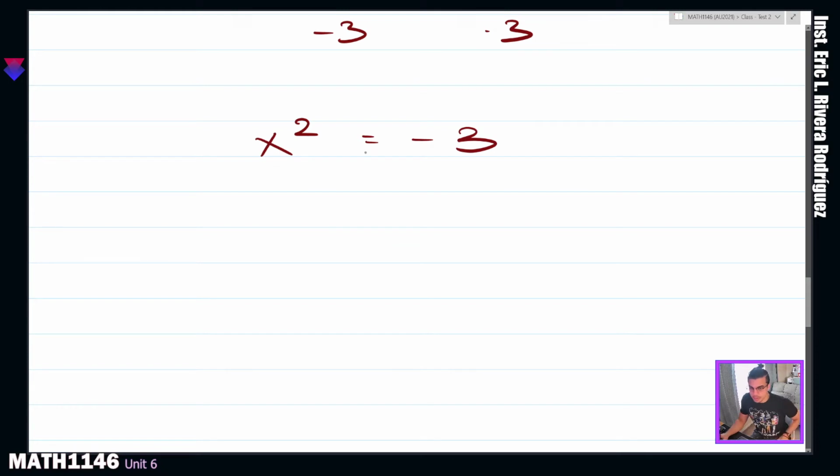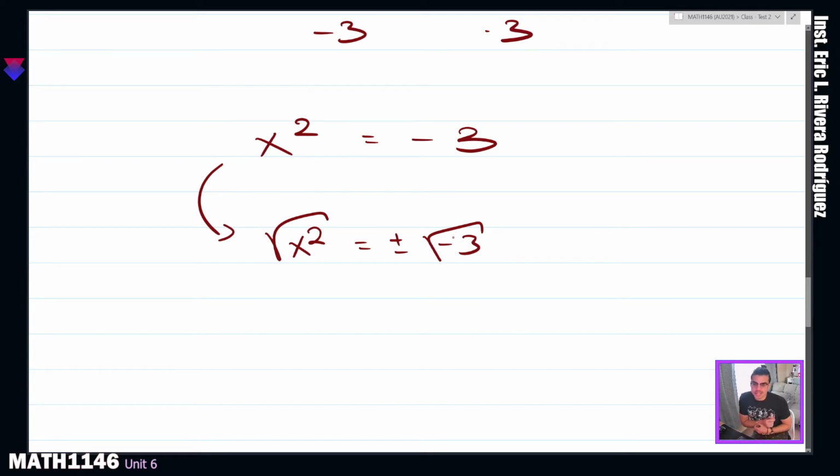Go ahead. Isn't it that to get rid of the x squared, you have to square root, but you can't square root -3, so it would be i? I, like imaginary. Yes, that is going to be the issue here.